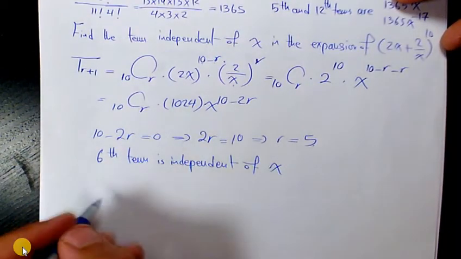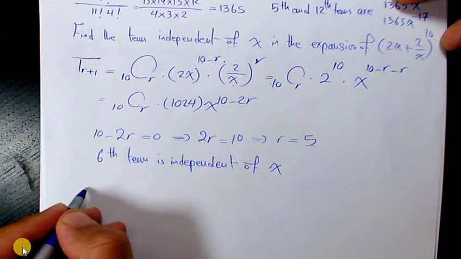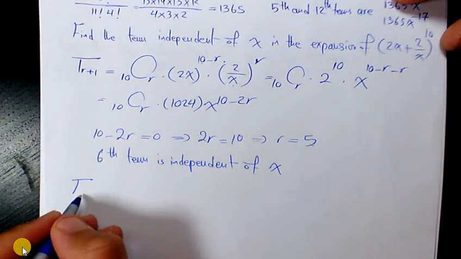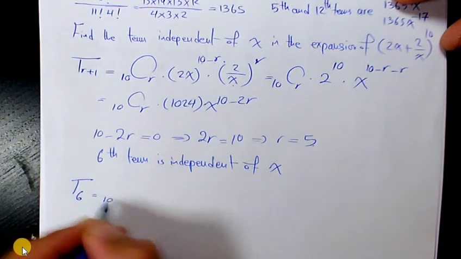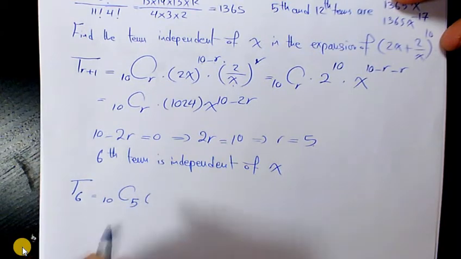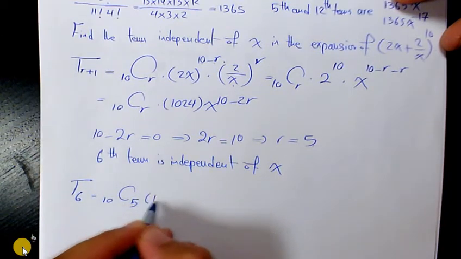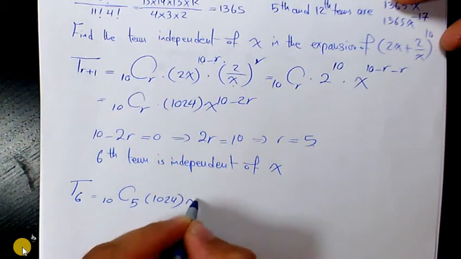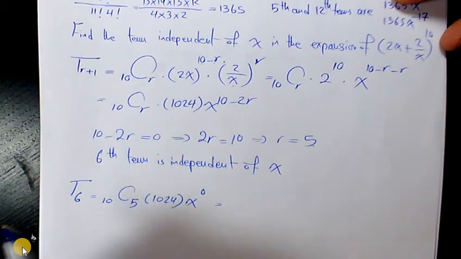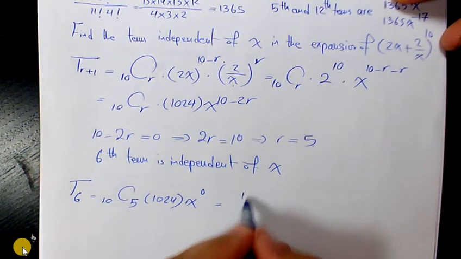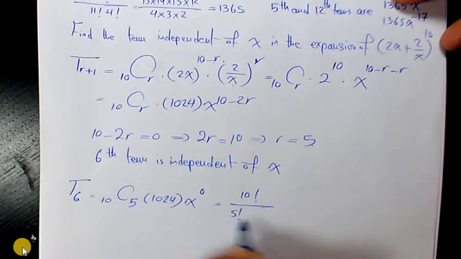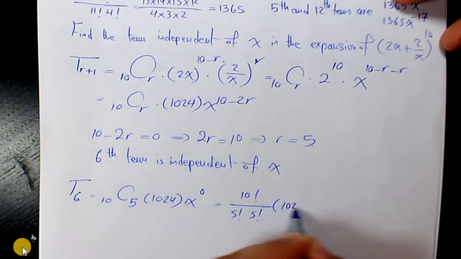And how do we find the answer? It's going to be 10C5 times 1024 times x to the power of 0. So that's going to be 10 factorial over 5 factorial over 5 factorial, times 1024.